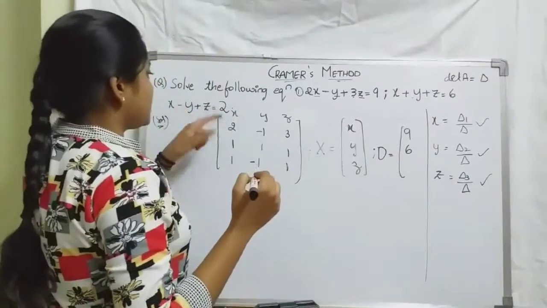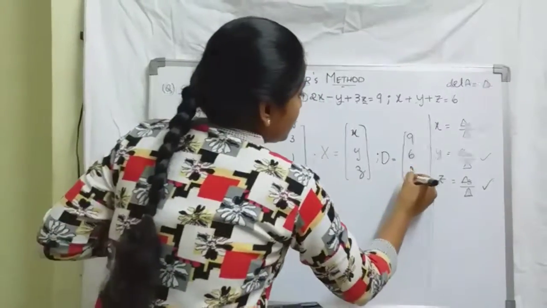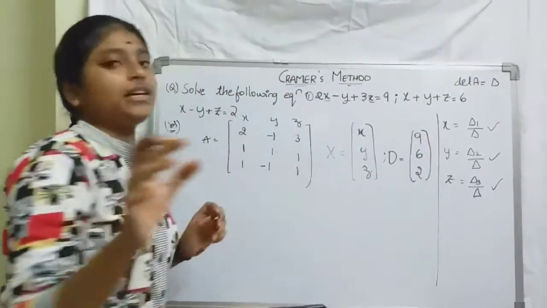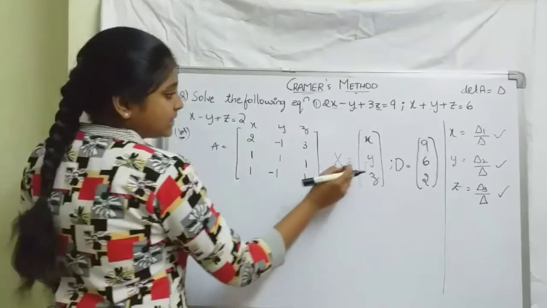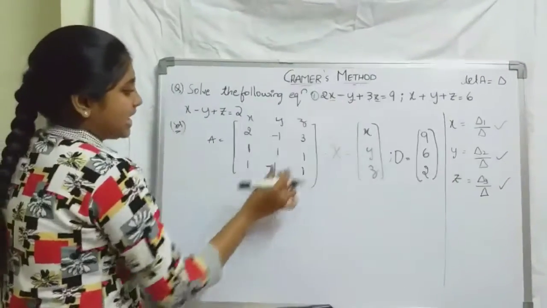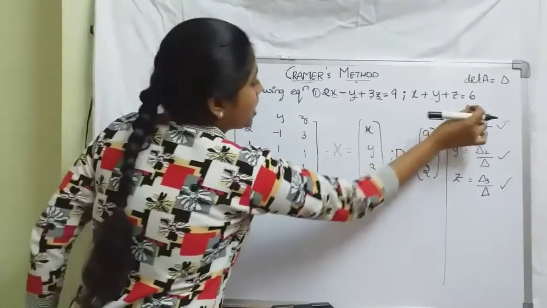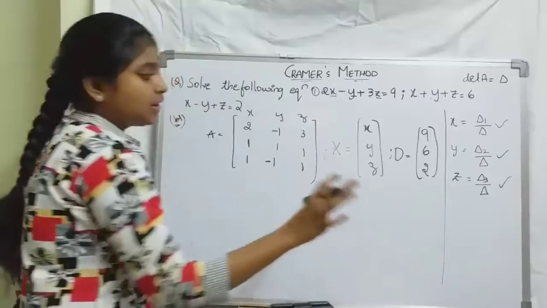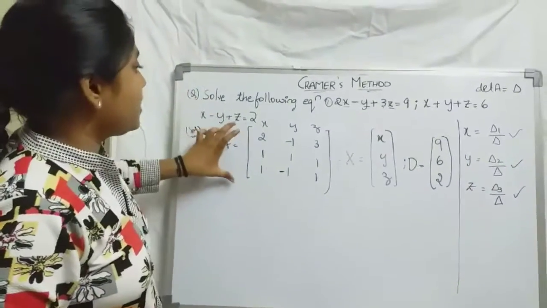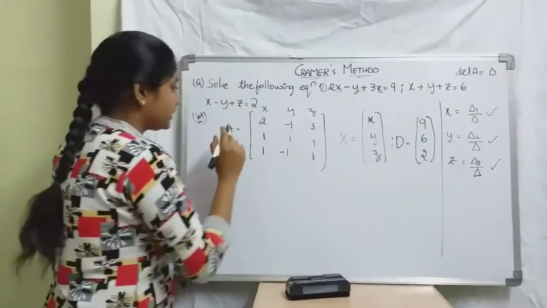For the third equation they have given the constant as 2, so we will write 2. Now here is the form AX equals D. So we got the matrix A, we have separated the X, Y, Z terms and written the constants in another matrix. Okay, now we will find the delta of A.